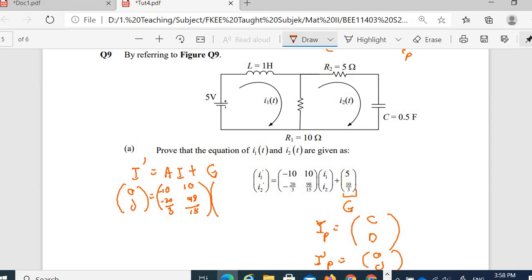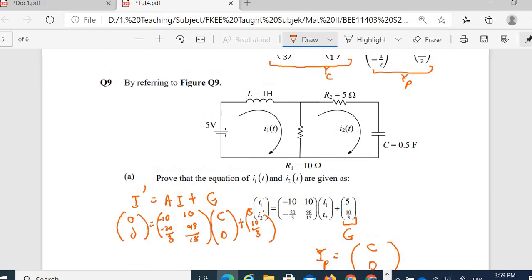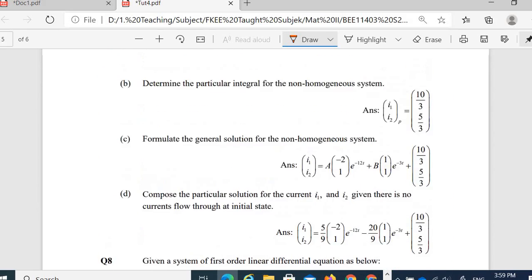The I is actually, we assume constant C, D, plus the g, which is 5, 10 over 3. So in this case you have two simultaneous equations. The constant term you bring to your right hand side. Then using your scientific calculator, you can solve your C and D quickly. This is question 9.